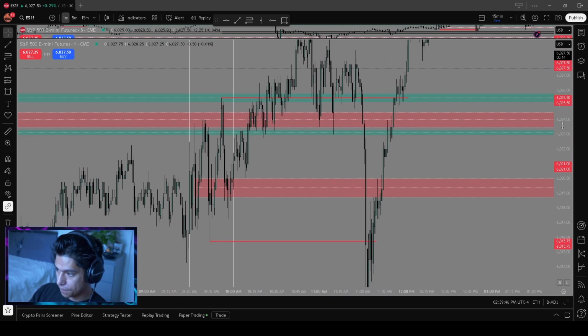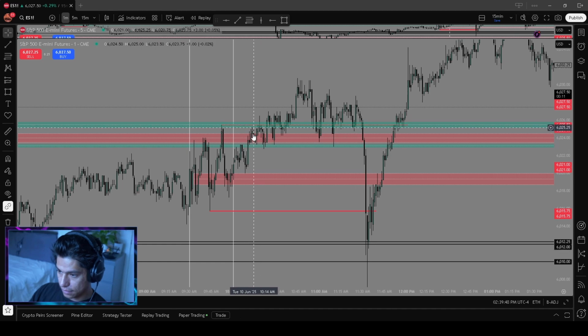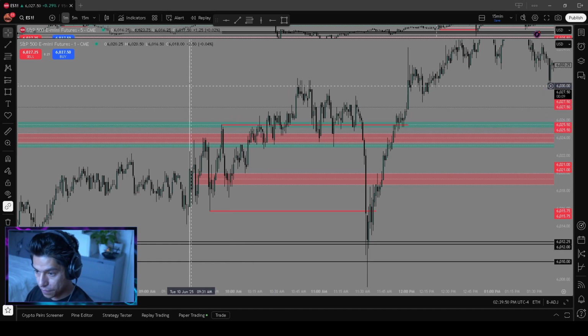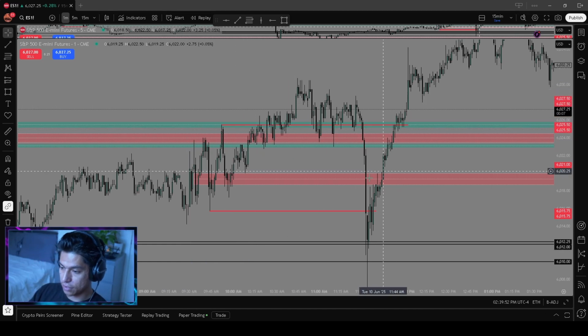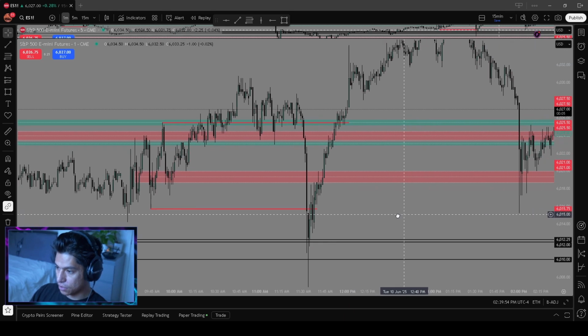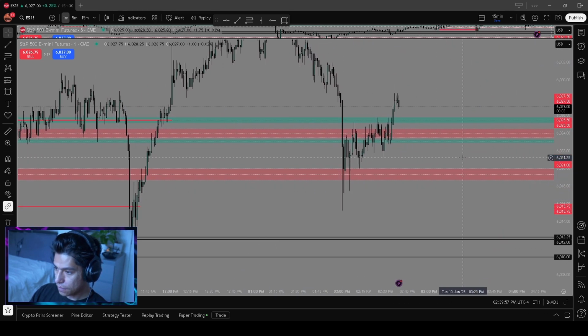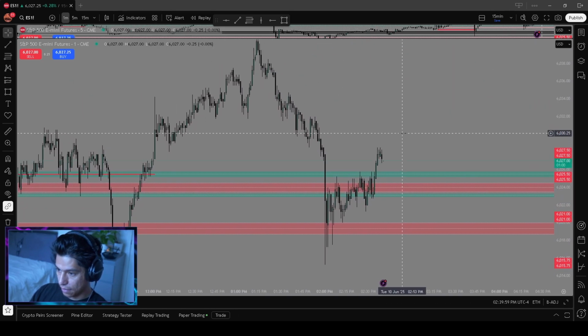And these other boxes are also the same thing from previous days, which I like to use because they usually react off of it. All right, so now we have another range, which is the afternoon range.